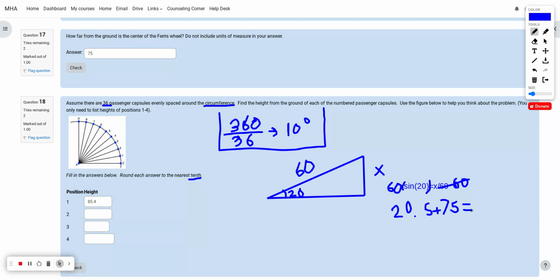Silly computer. Okay. And that is equal to 95.5. No, not 4, I mean 5. Yeah. See, it always takes a minute. One of these days I'm going to have to clear my cookies. 95.5.